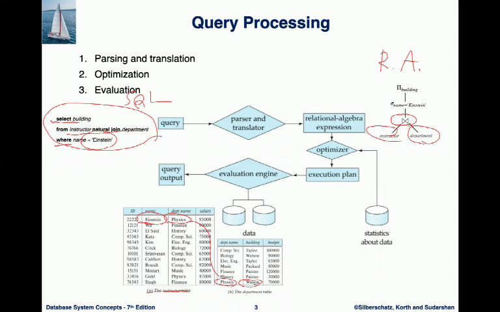And then after the join operation, we are going to have one single intermediate table, and it may have multiple records. And among those records, we are interested in the record whose name is Einstein. So we are going to get a record with multiple columns.